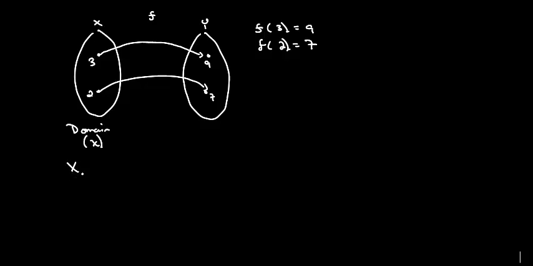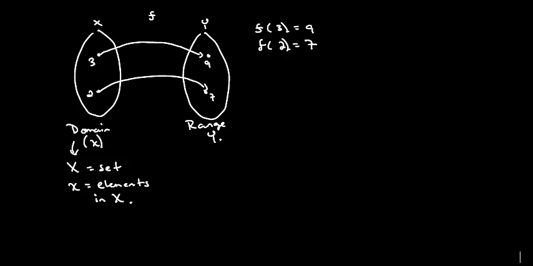So large X is the set for the domain, and then small x, it's hard to write the difference between those, are the elements or the items in X. Now this one over here, we're going to call Y, just like I've got up top, so this is going to be the range.